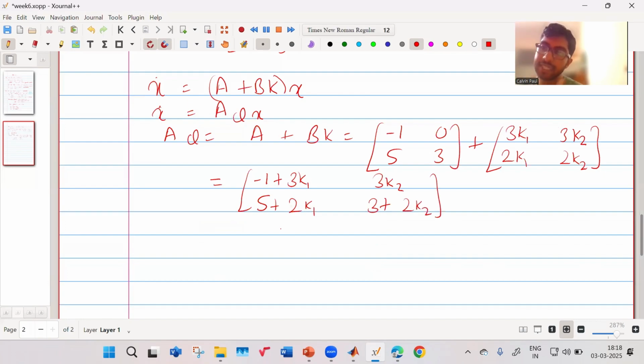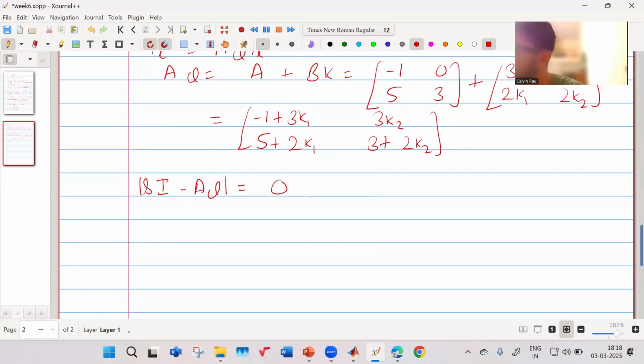So now I have to find the characteristic polynomial, right? So characteristic polynomial is given by what? The determinant of sI minus a closed loop, equated to 0. So how do I find that? sI minus a closed loop will be equal to s times the identity matrix minus this a closed loop.